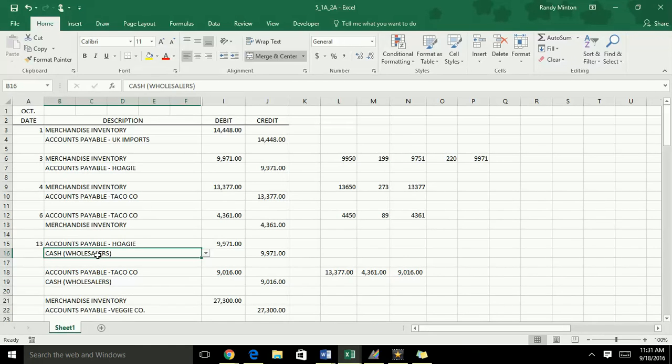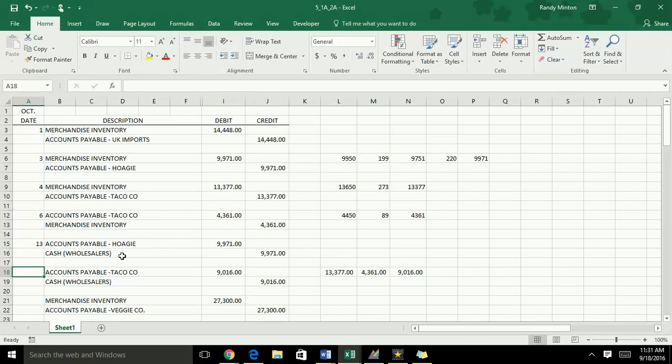So I'm only putting this in here parenthetically so you can see where it went, how it ties in, but the actual account would just be cash. It wouldn't have wholesalers on it. I just did that so that it would be easier for you to see what was happening here. Okay, and of course the amount is exactly the amount that we had right up here.